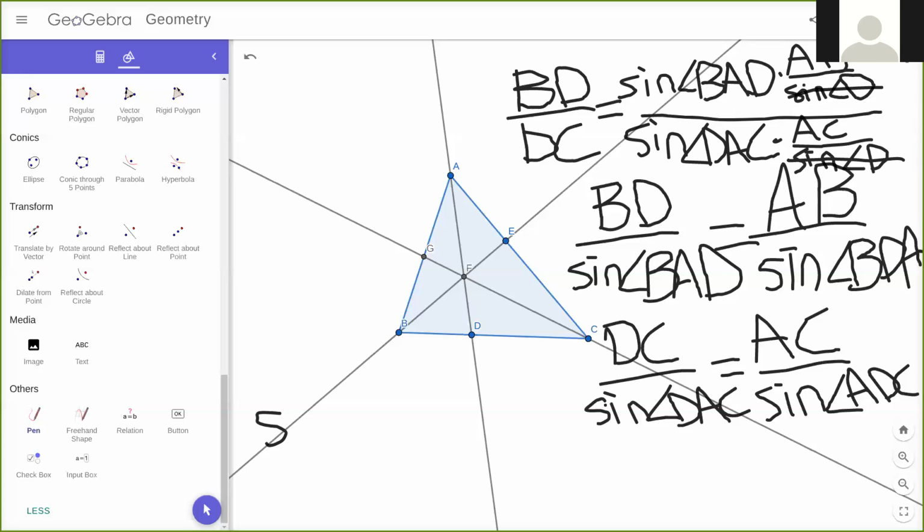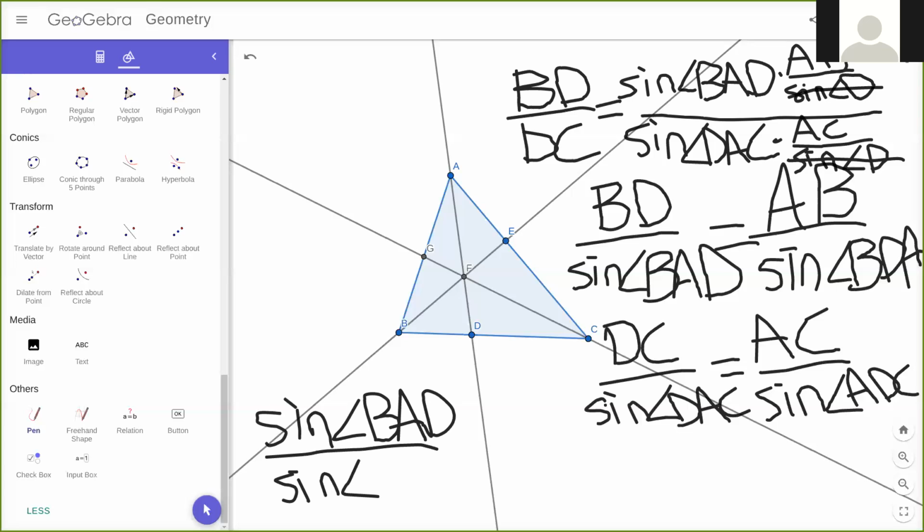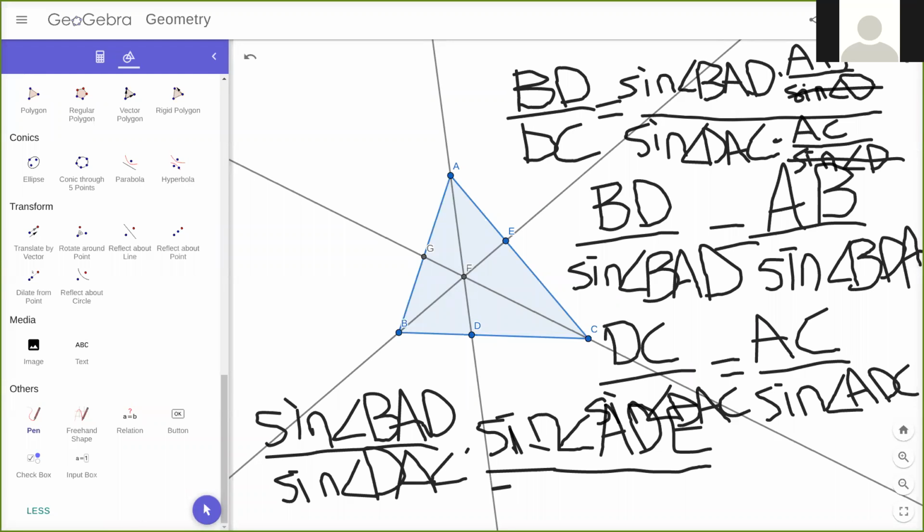We're left with sine angle BAD over sine angle DAC times sine angle ADE over sine angle EBC, and so on. There's only one more fraction, but there's not enough room, and the product is equal to 1. So this is the trigonometric form of Ceva's theorem.